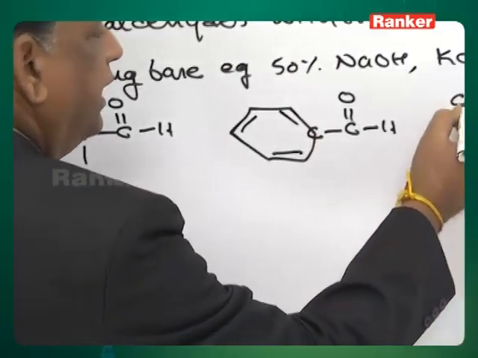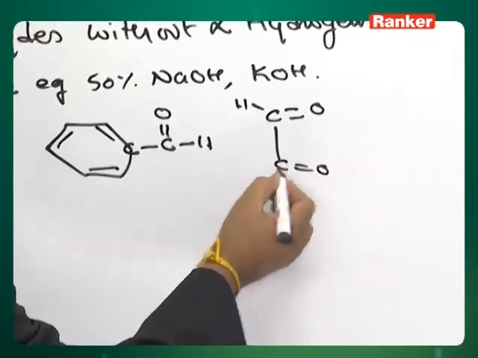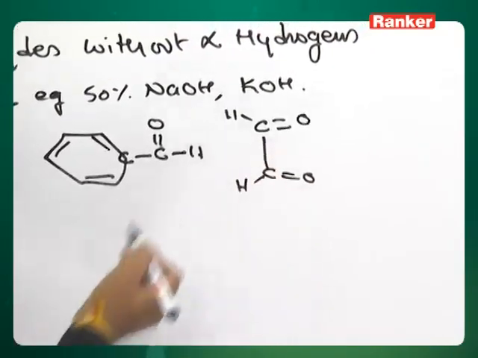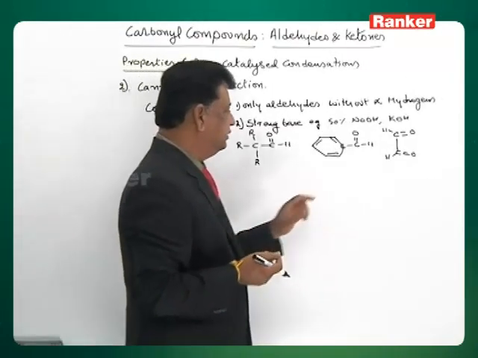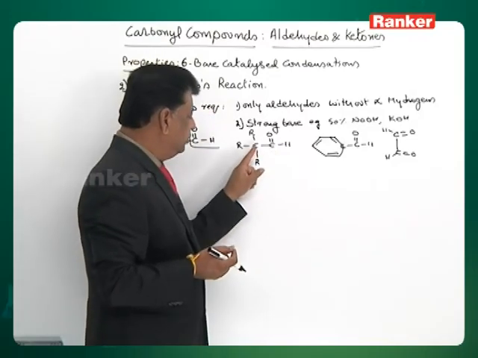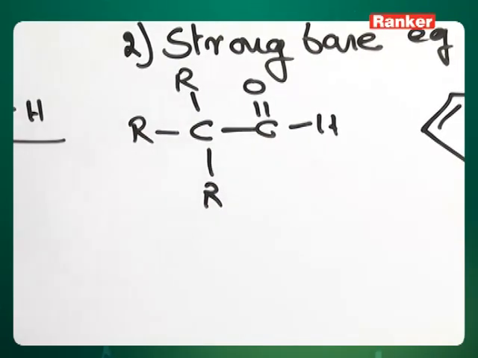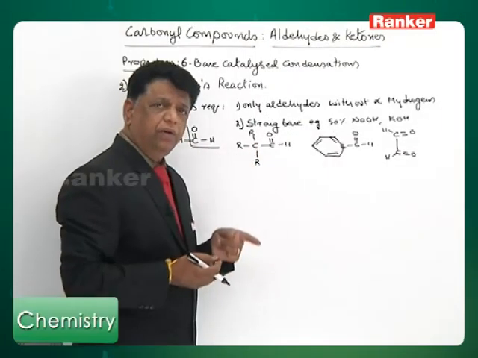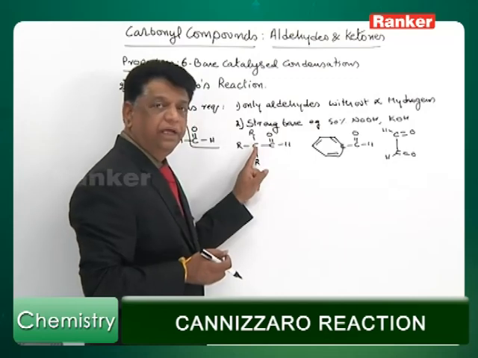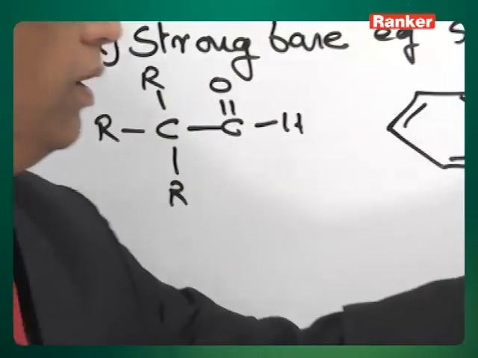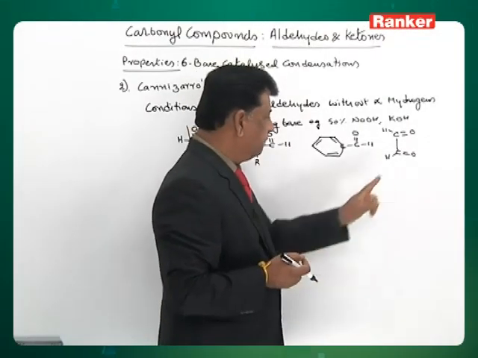In some cases you can take a carbonyl, that is an aldehyde, and one more aldehyde. In fact, this carbon is alpha to this one, but the concept of alpha is not by position, it is by function. The alpha carbon possessing the hydrogen can show hyperconjugation and participate in the aldol condensation. That is, the hyperconjugable hydrogen is required for the aldol condensation, for which this carbon should be saturated. That means the carbon next to the carbonyl carbon should be saturated, with hydrogen on it.